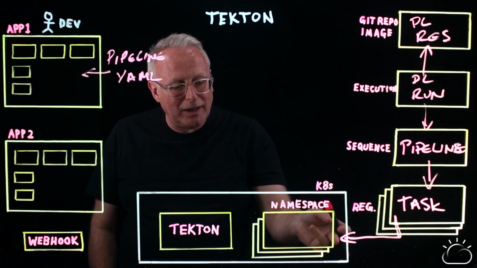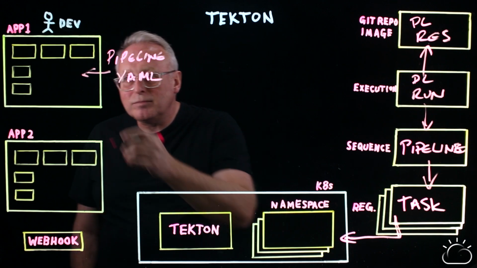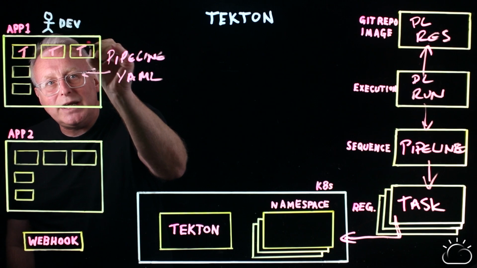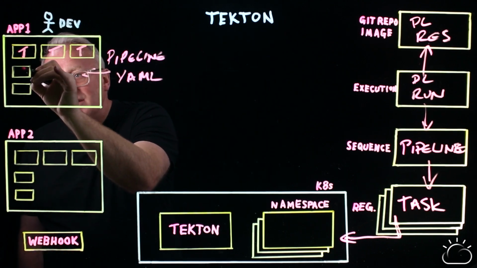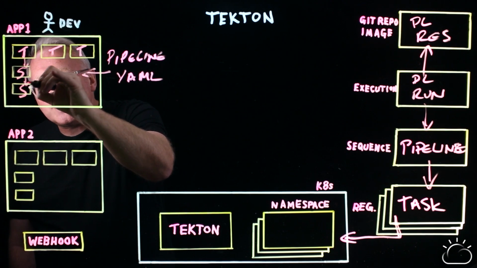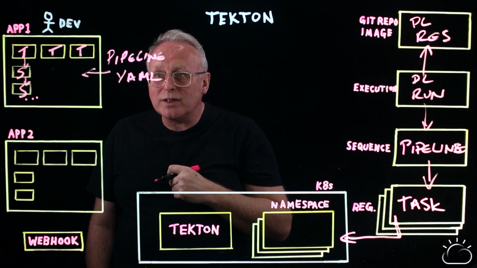And these tasks have been already registered and defined inside the Tekton environment. So you can have task 1, task 2, task 3, and keep going. And within each task, you can have a number of steps. And again, you can have any number of steps depending on the particular problem you're trying to solve.